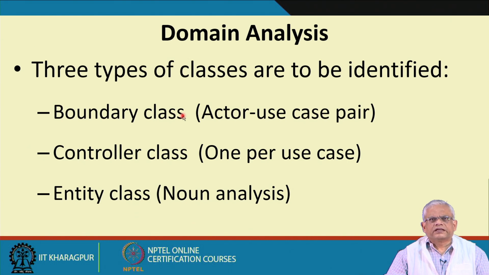Now, during the domain analysis, we have to look for three types of objects: the boundary objects, controller objects and the entity objects. For the boundary objects, we need to construct one boundary object for every actor use case pair.